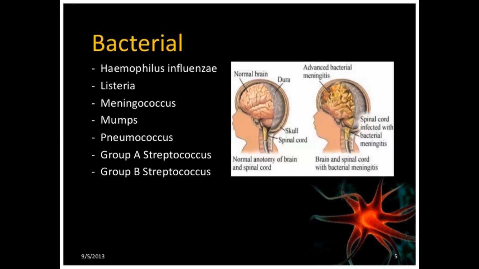The next is bacterial meningitis. Bacterial meningitis may be caused by Haemophilus influenzae, Listeria, meningococcus, pneumococcus, group A streptococcus and group B streptococcus. All these bacteria can cause bacterial meningitis, and there are chances of it occurring in children, infants and the neonate age group.